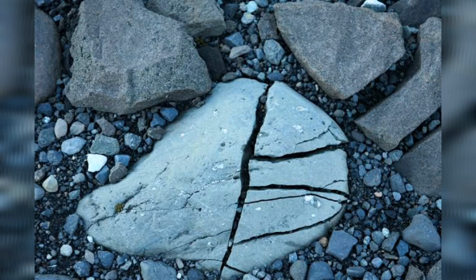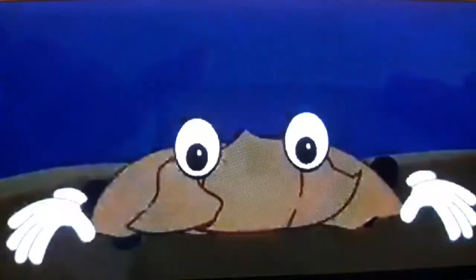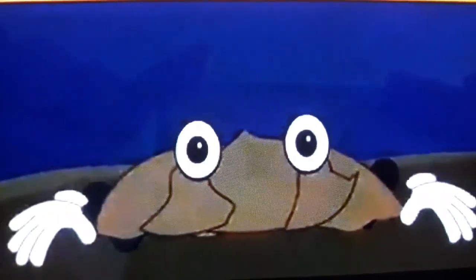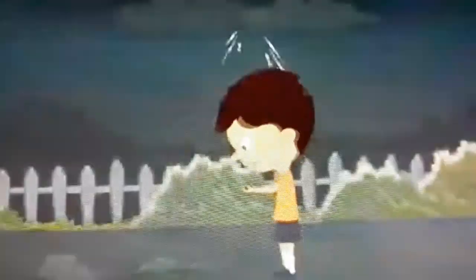Then gradually these cracks cause the rocks to break down into smaller pieces, and with time these smaller pieces convert into tiny particles, and then they form soil.